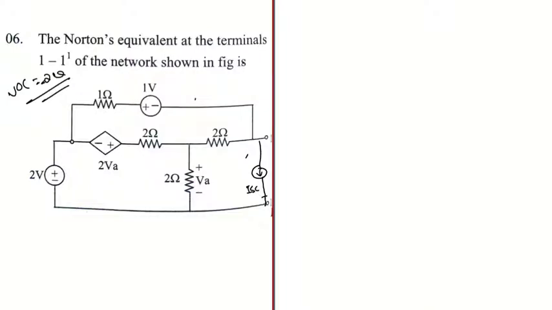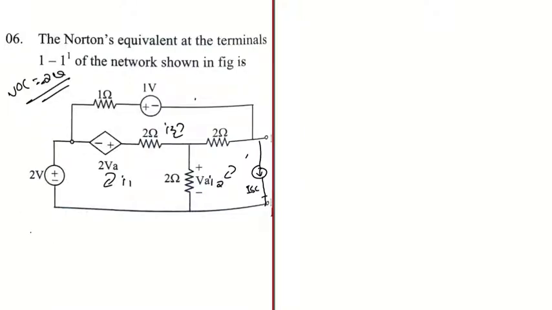Now I am going to consider again 3 meshes. Now this mesh is valid because it is short circuit, so our current is flowing through this particular mesh, so I have to consider that mesh as well. So it will be I1, I2 and I3, 3 meshes I consider.